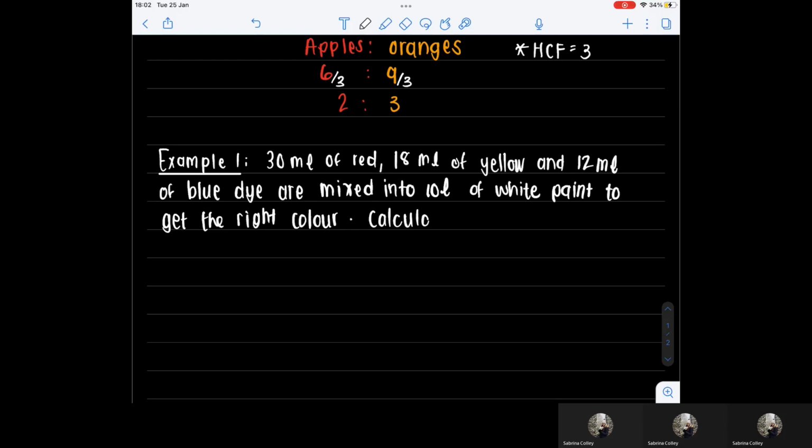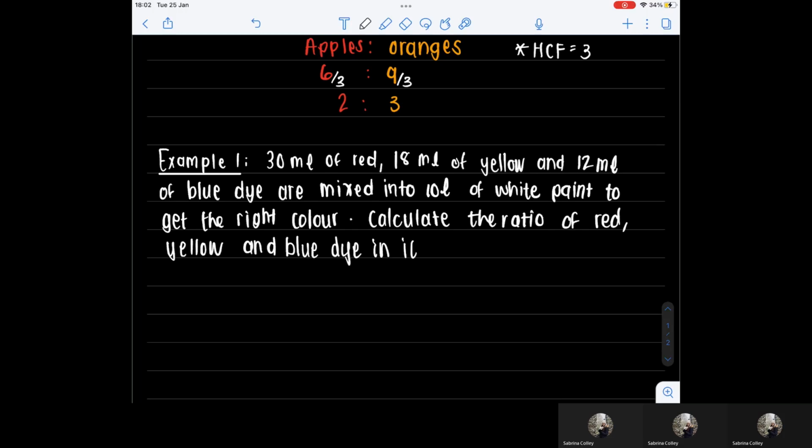Calculate the ratio of red, yellow, and blue dye in its simplest form.